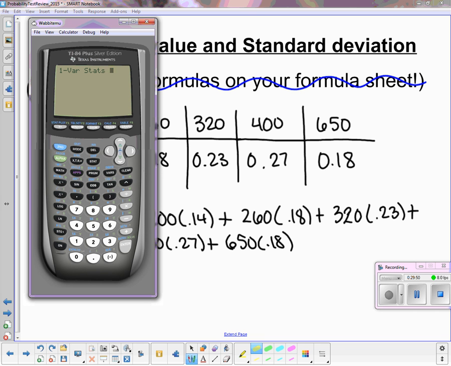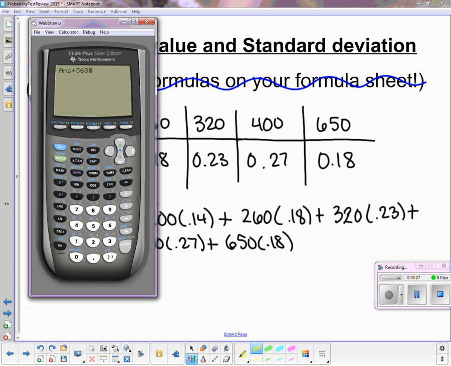It says here, list, frequency list, and calculate. You should see that on your calculator. So stat, calc, 1 var stats. Okay? So list should be list 1. So I'm going to tell my calculator list 1, maybe. There we go. Frequency list is the same place we put our probabilities. The probabilities is the frequency of it happening. So we put that in list 2. So my OS is a little bit different than your OS.